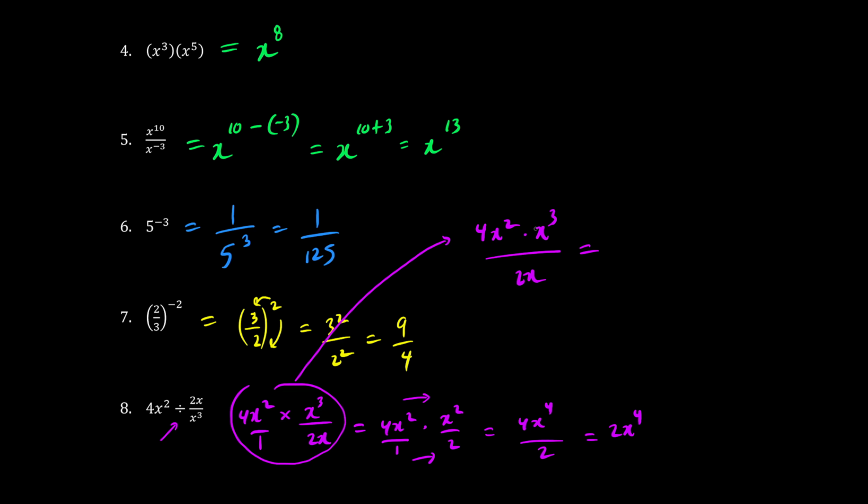What's 4x squared times x cubed? We have 4x to the 5. I'm adding the exponents. All divided by 2x. There's a hidden 1 here. 4 divided by 2 is 2. x to the 5 divided by x to the 1 becomes x to the 4, because we subtract, 5 minus 1 is 4, and we have the same answer as before.